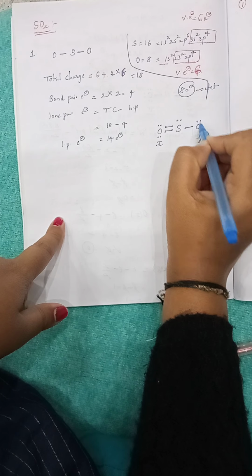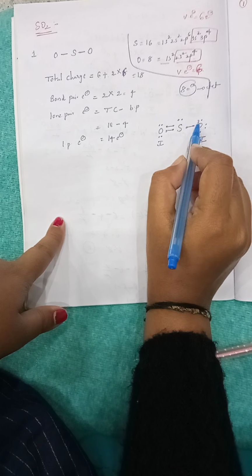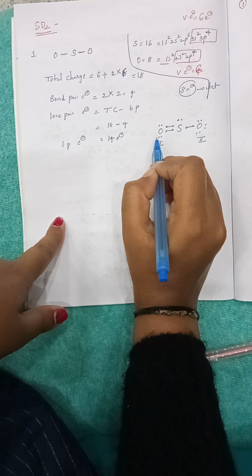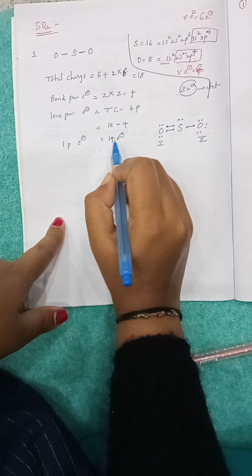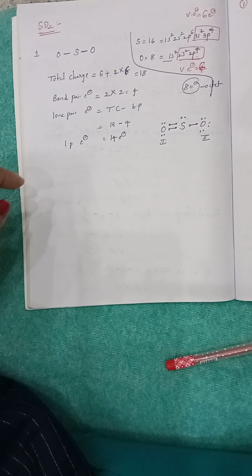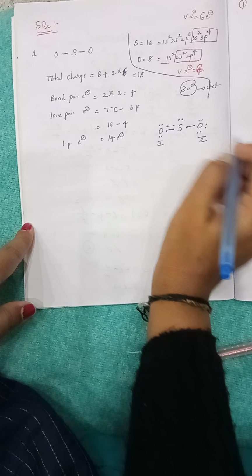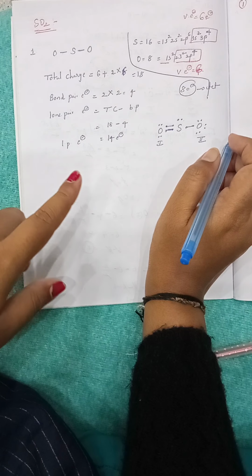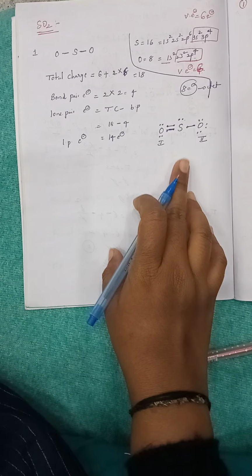That 6 more electrons can act as a lone pair. 1, 2, 3, 4, 5, 6, 7, 8, 9, 10, 11, 12. I have written only 12 electrons here. What about 2 more electrons? Such 2 more electrons are involved in the formation of this pi bond. So totally 14 electrons are balanced, and the final structure of SO2 is this.